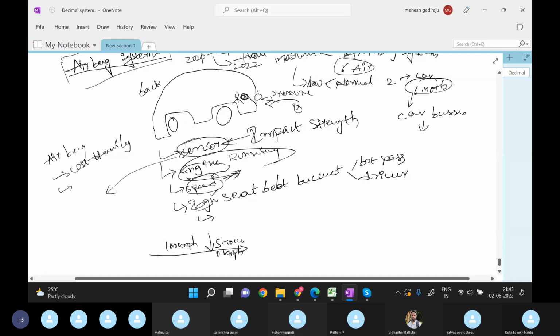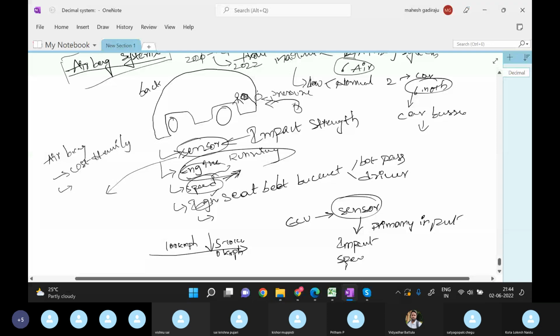Then at the same time, the ECU will be looking at the sensor input. If the sensor input is coming, this is the primary input. If the sensor is saying that there is an impact, then it will look for the speed.